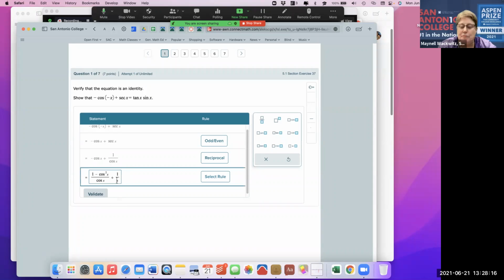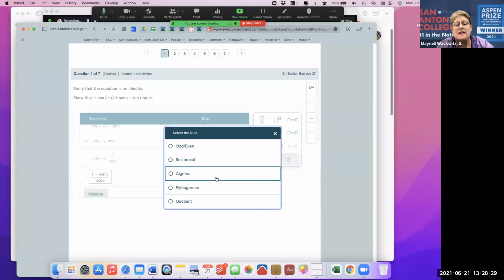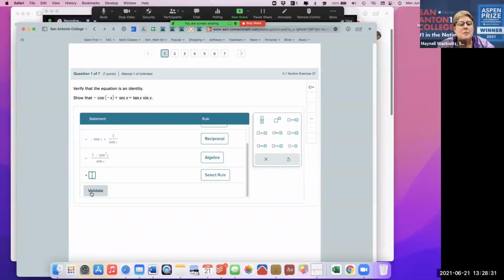Yeah, and I'm getting rid of the second term, and I just put the 1 over cosine x in the front. Now I can't do any more without trig. So I'm going to select algebra. In general, you want to do as much algebra as you can in each algebra step. You can't combine algebra and trig, and you can't combine trig steps, which is frustrating.